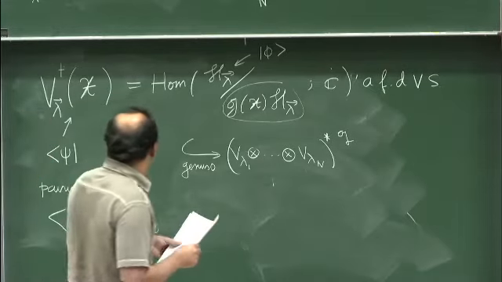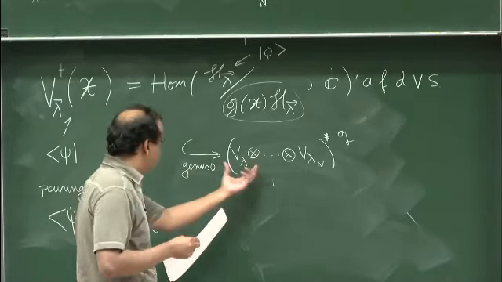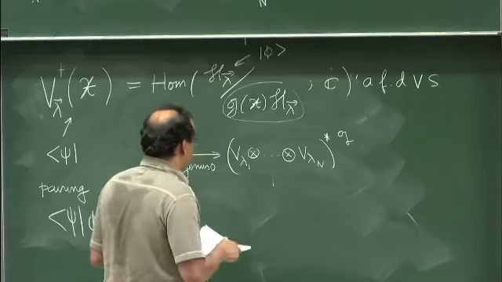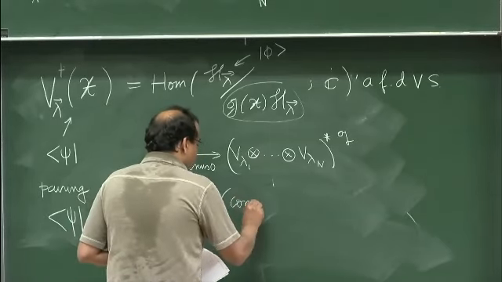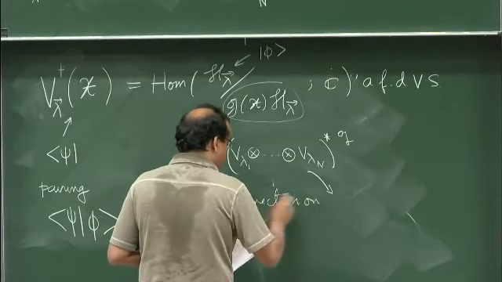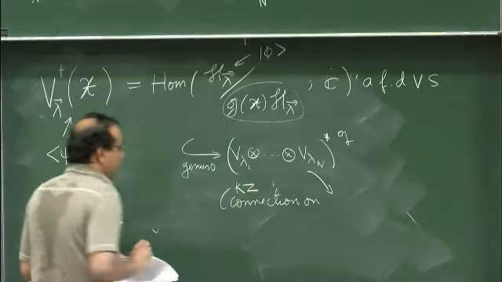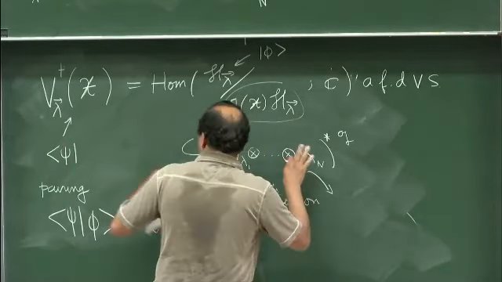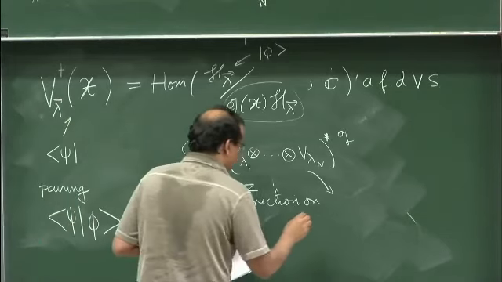So these are conformal blocks, and they sit inside here, and in fact the connection can be described on this. So the KZ connection, the first of these connections on this tensor product, and it restricts to give a connection on this.